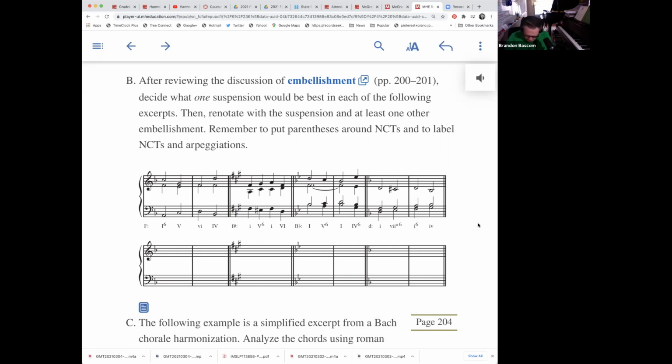We have not put in any arpeggiations yet. So I want to make sure you understand those and can put some of those in. So we are looking at the third one, right? We're in B flat major. Let's try to find a spot to put an arpeggiation.